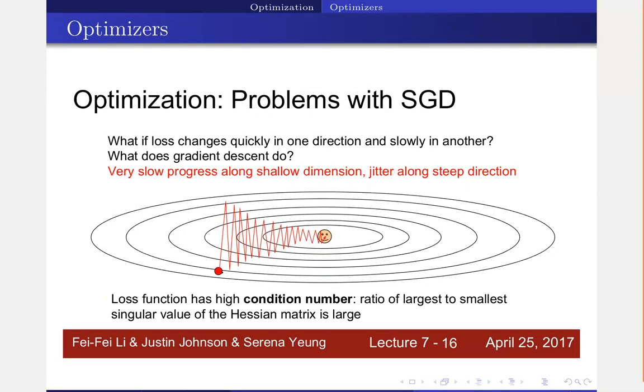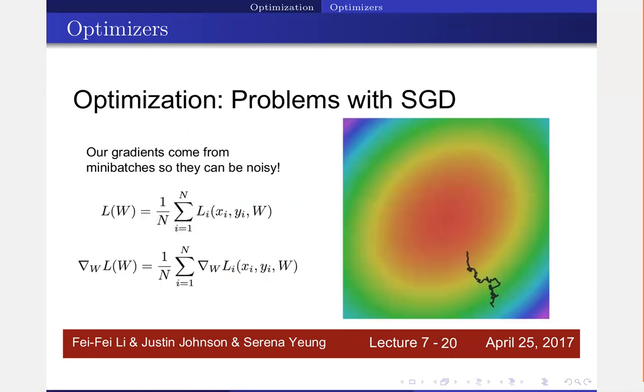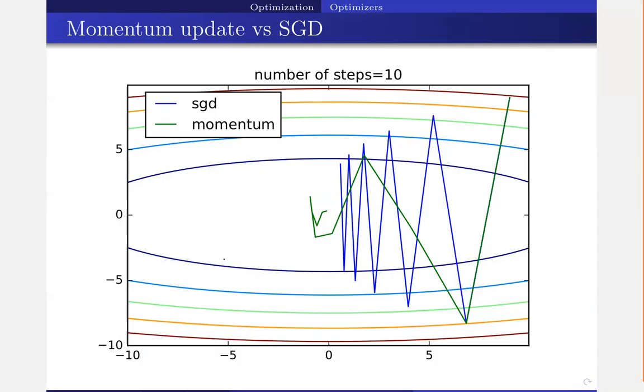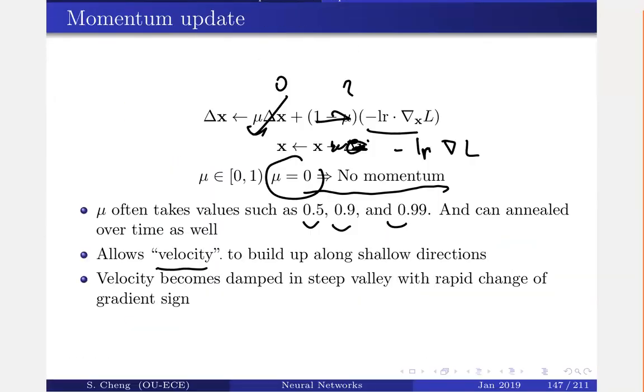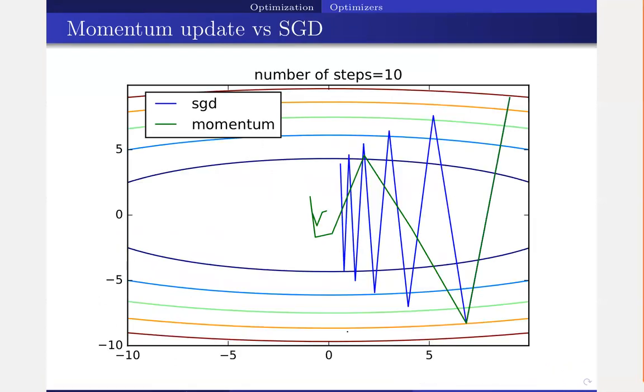We can accumulate to get faster along that direction, and also cancel out, dampen, the direction that has rapid change in the gradient. Okay, this is momentum, a simple idea.